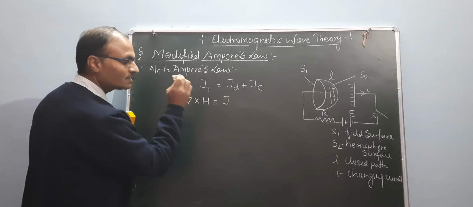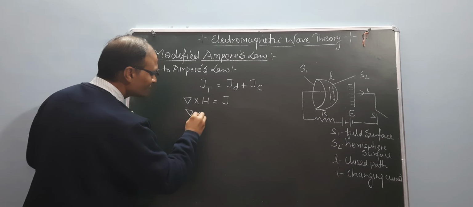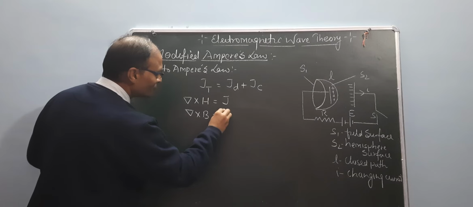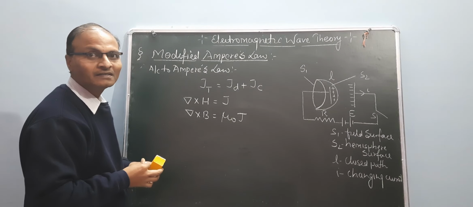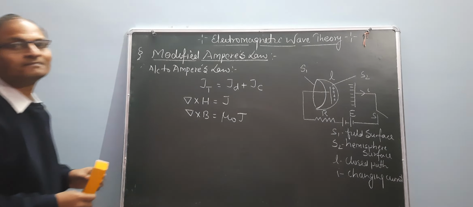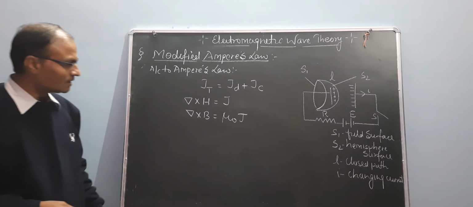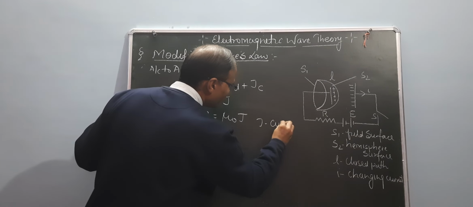If the equation is converted in the form of magnetic field, then del cross B equal to mu naught into J. This is the Ampere's law equation, where J is the current density.